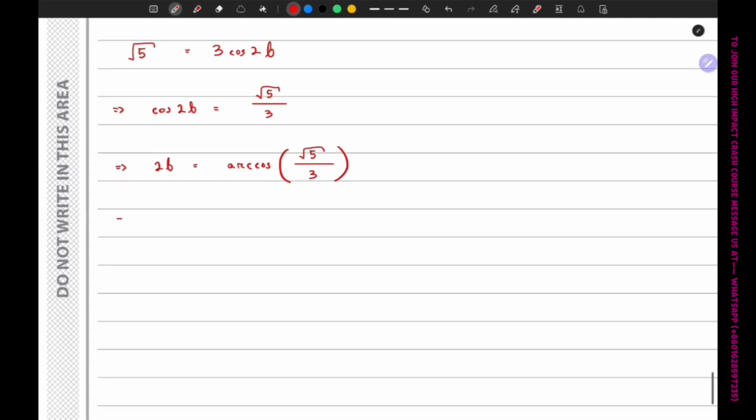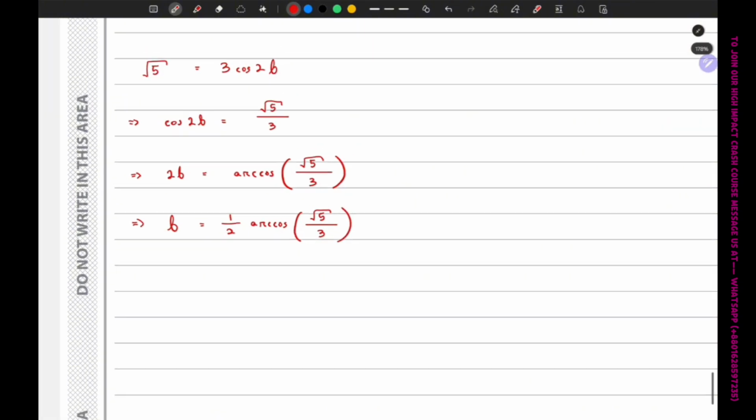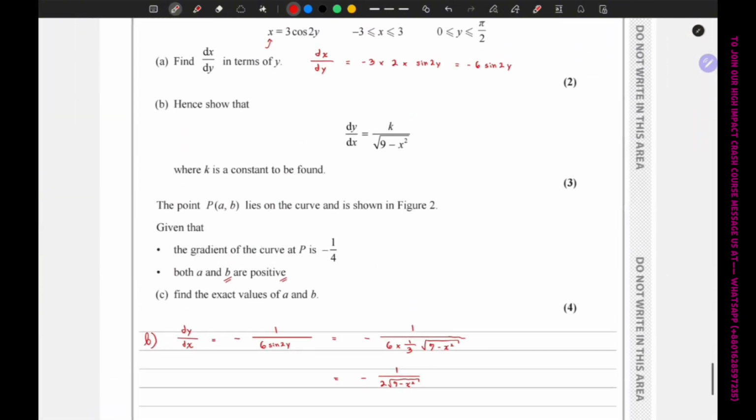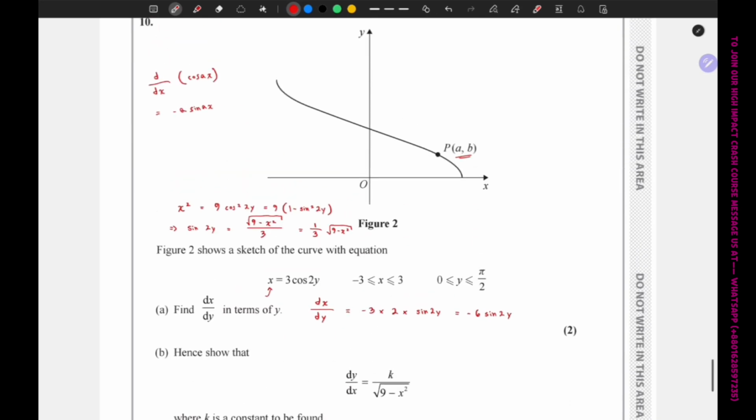And since there's a 2 at the front, we can bring this 2 to the right hand side of the equation, so this becomes 1 over 2 arccos. So this is the exact value of a and b, and that is it for this question.